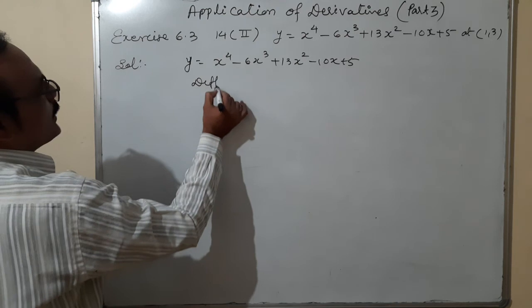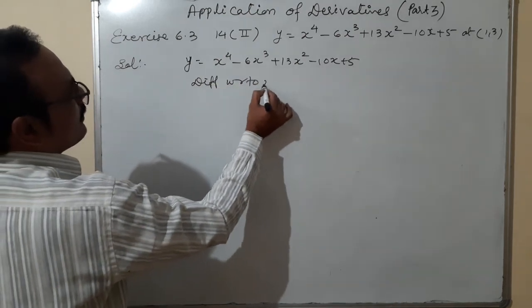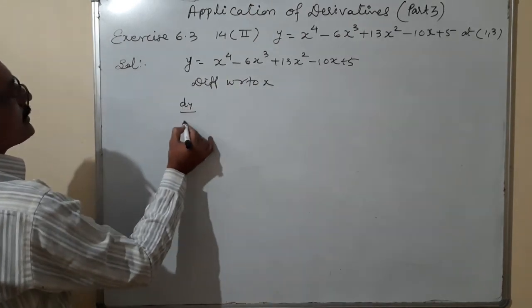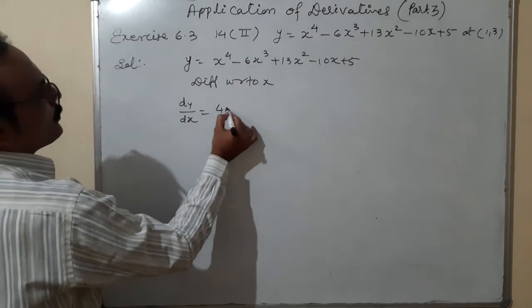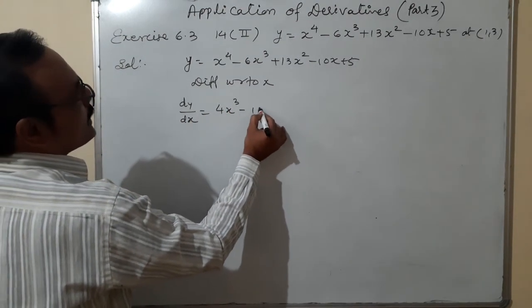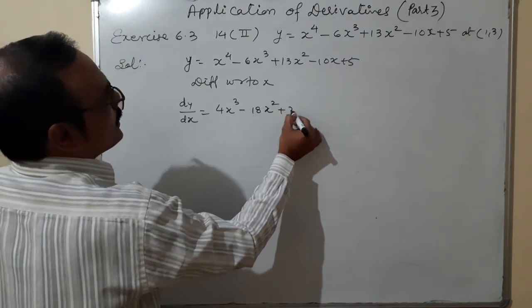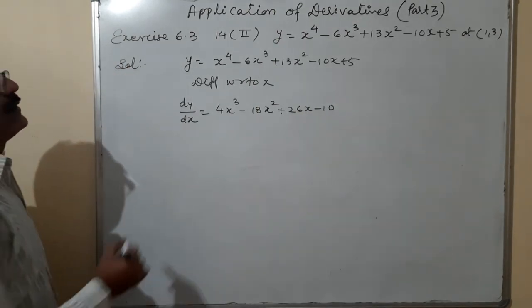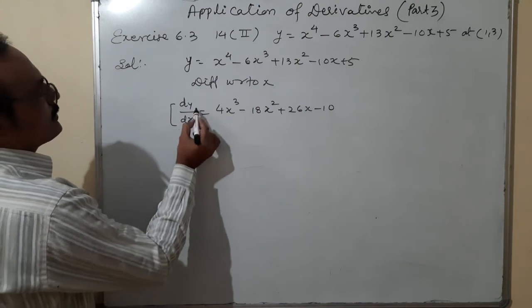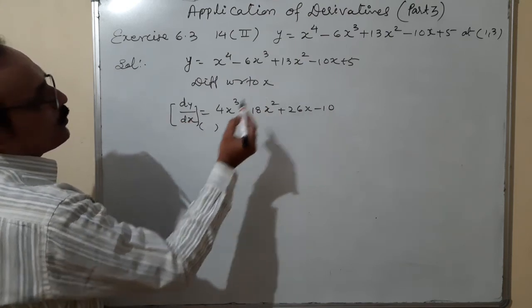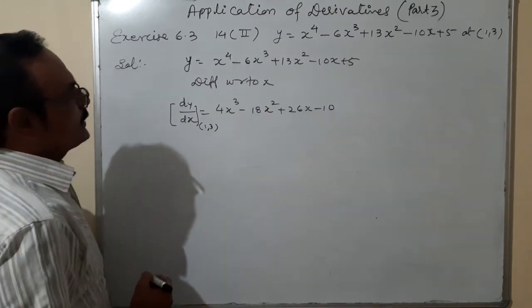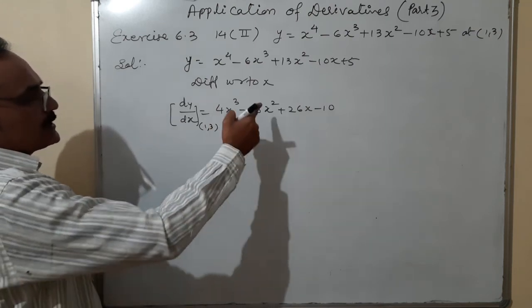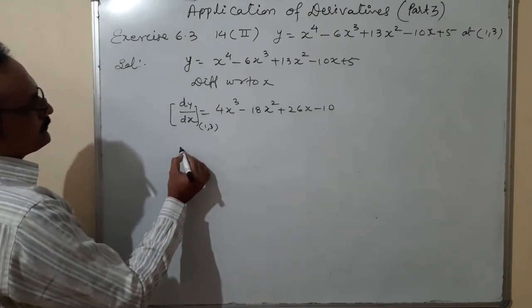Differentiate with respect to x. dy by dx is equal to 4x cube minus 18x square plus 26x minus 10. And this is at what? (1, 3). So in place of x, I put here 1.